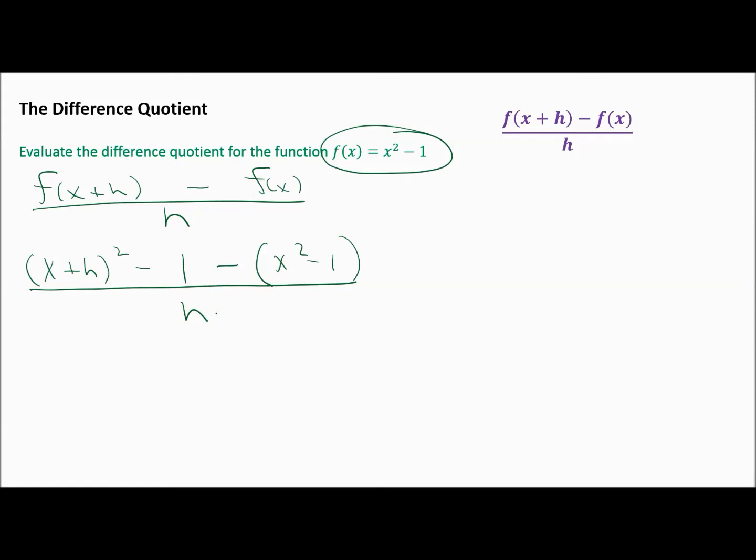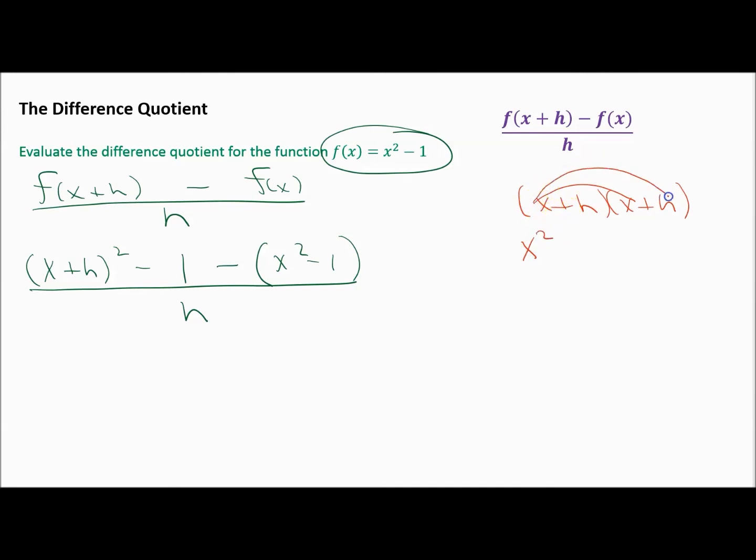Now this algebra is a little more involved because we have to expand x plus h squared. And so you may want to go to the side of your paper and FOIL this out. So I'm multiplying x plus h times x plus h. And remember, first, outer, inner, last. So I'm multiplying the first together. That's x squared.